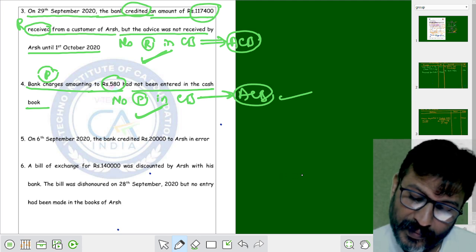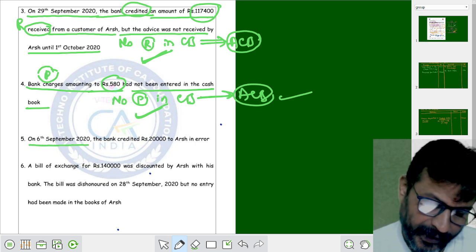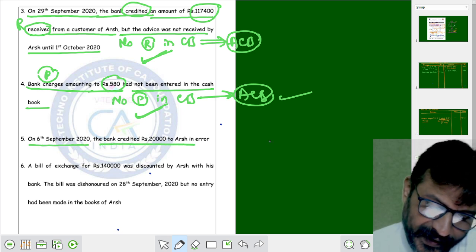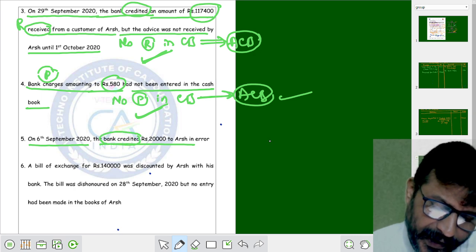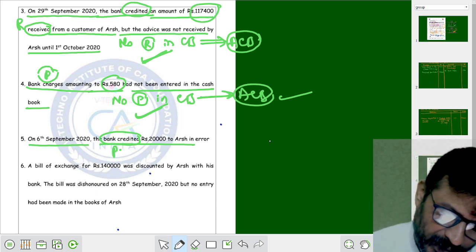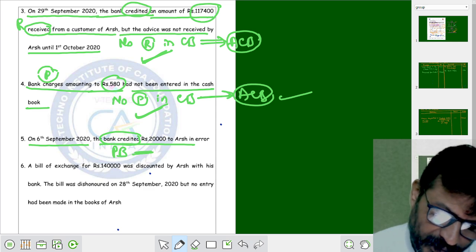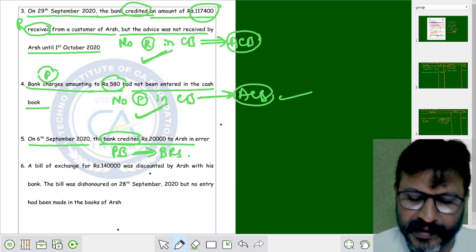I am thinking so. See what happened. On 6th September 2020, within our period, bank credited. Who credited? Bank credited, which means entered in passbook. Wrong credit in passbook. Where does it come? It comes in BRS.